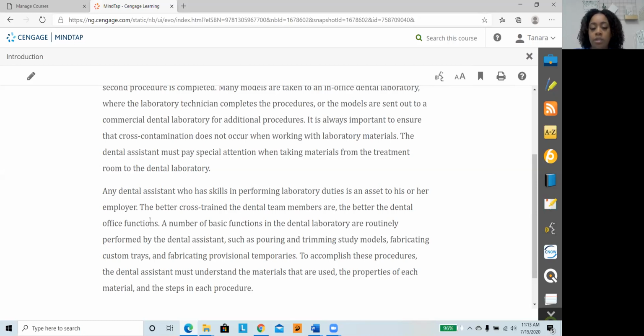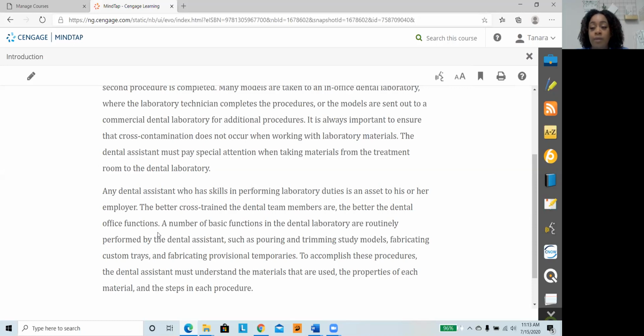So that's pretty much what you're going to be addressing in this particular chapter. As you can see, please highlight those valuable points I gave you. And here, the last thing it says, a number of basic functions in the dental laboratory are routinely performed by the dental assistant, such as pouring or trimming a study model.